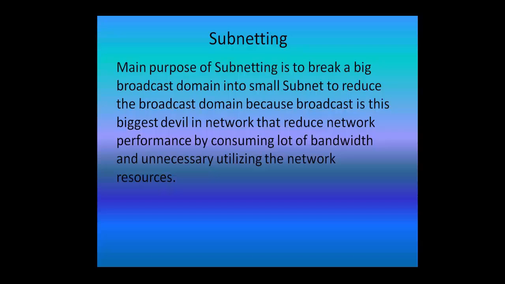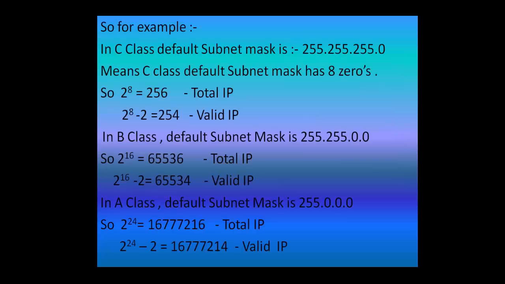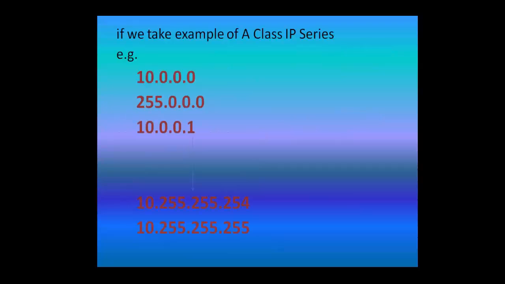The main purpose of subnetting is to break a big broadcast domain into small subnets to reduce the broadcast domain. As you see here, for all these billions of devices coming into this network, the broadcast IP is one.